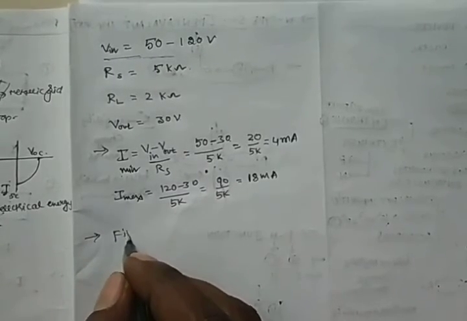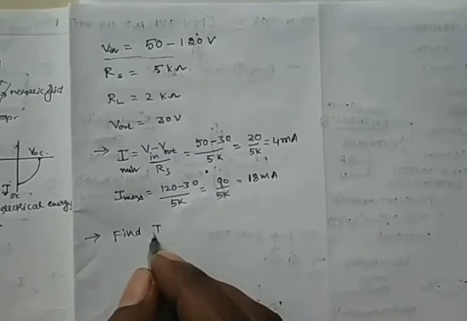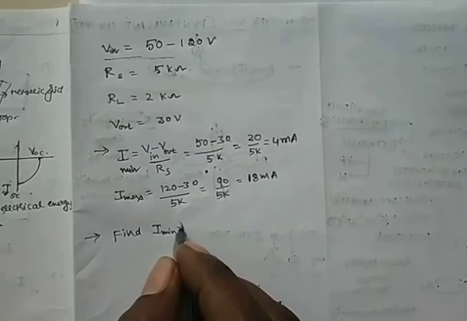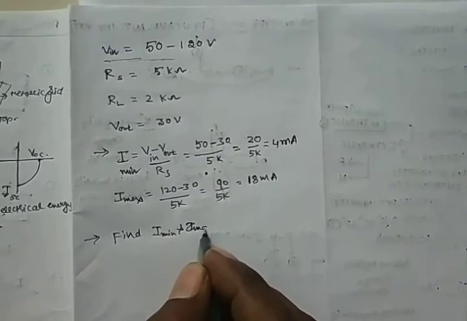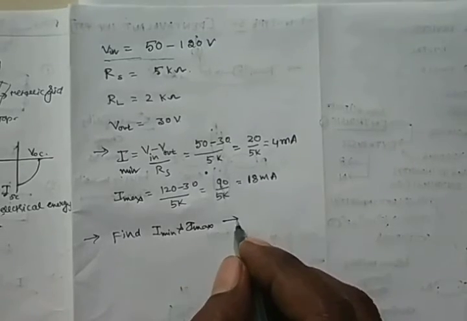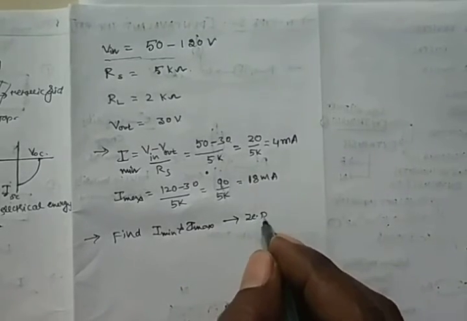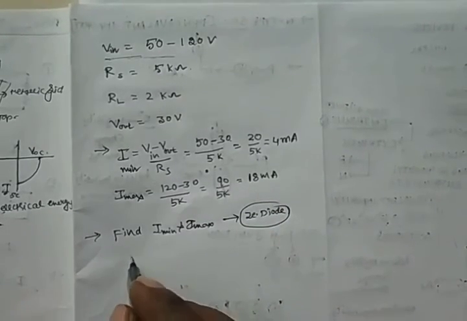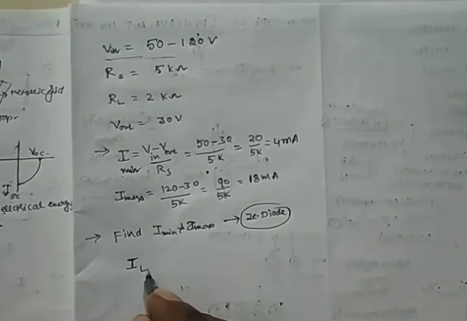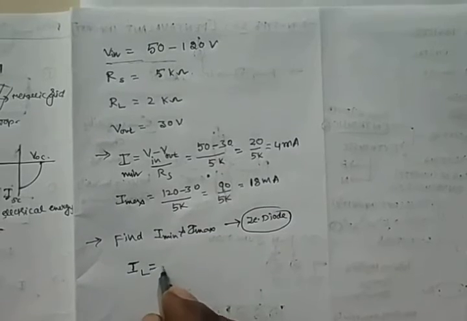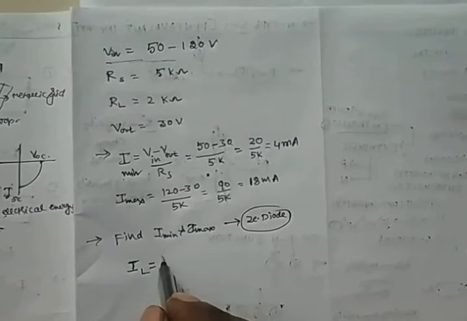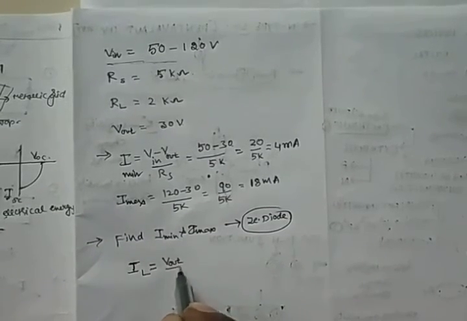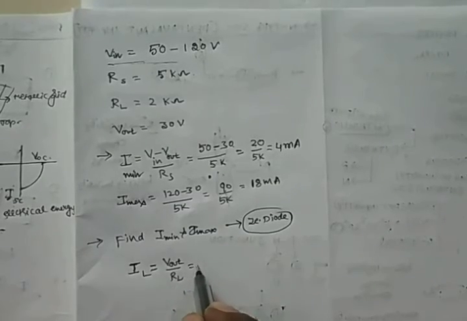But what are they asking? Find the minimum and maximum currents through the Zener diode. For that, first find out the load current. That load current is written as output voltage divided by the load resistance.